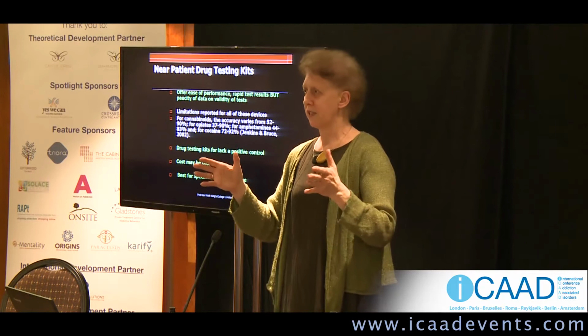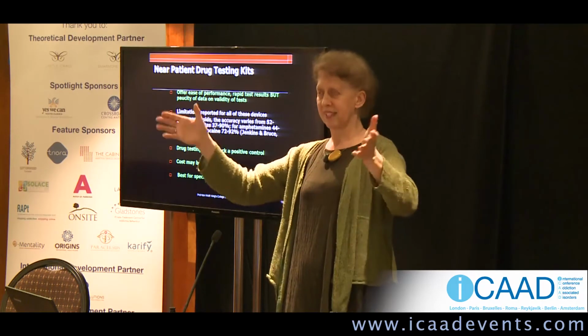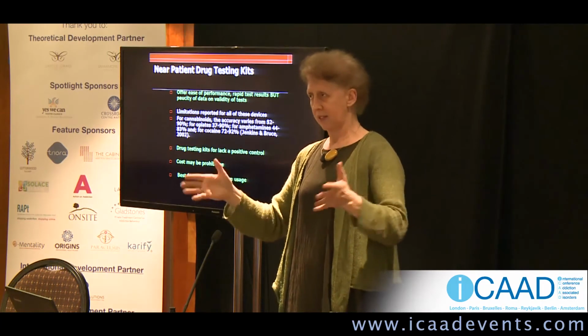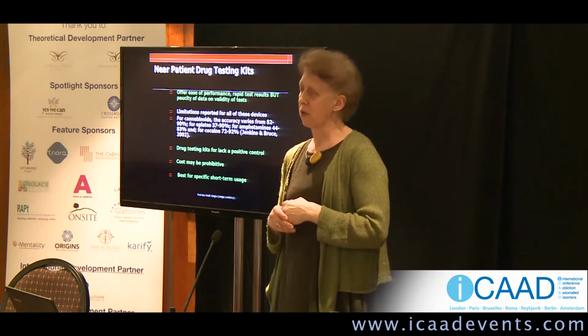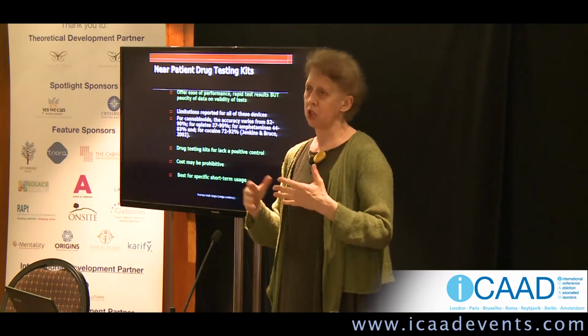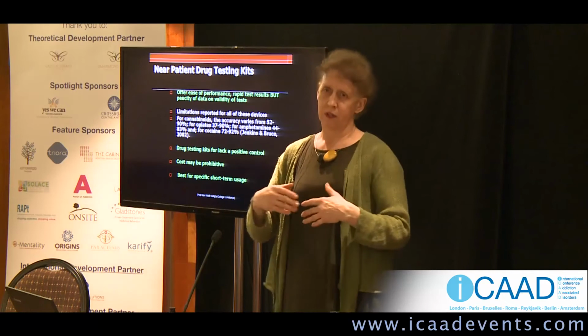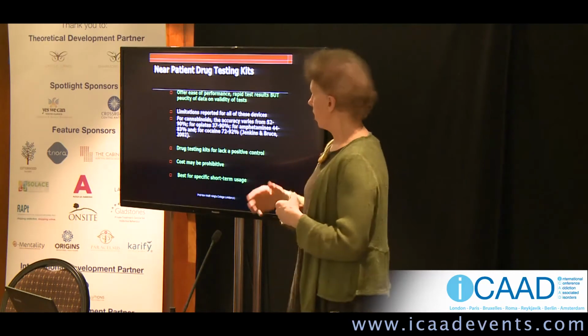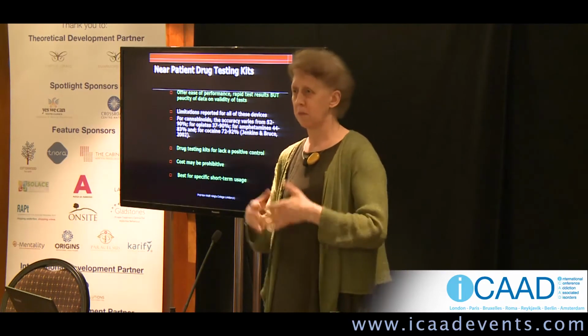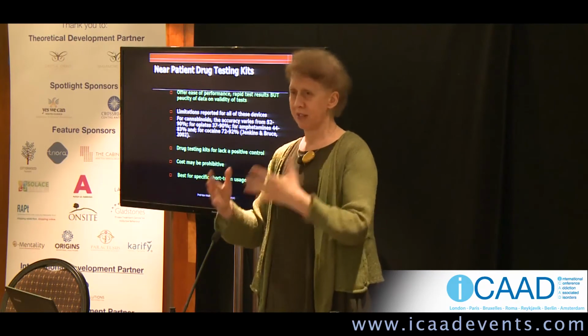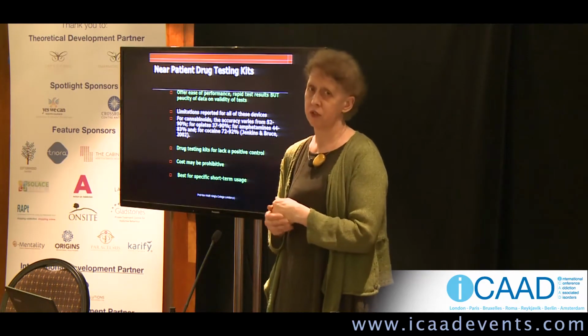Exactly. So specificity is not so important because it's a class of drugs. Sensitivity, absolutely, you need it to be as sensitive as possible. But you can usually find out what the sensitivity is for the kit that you're interested in buying if you look at the product information sheet. That should give you the information.